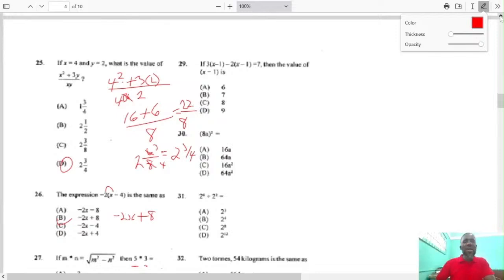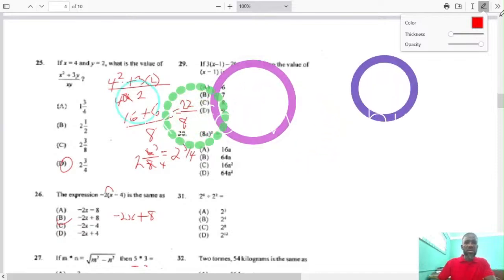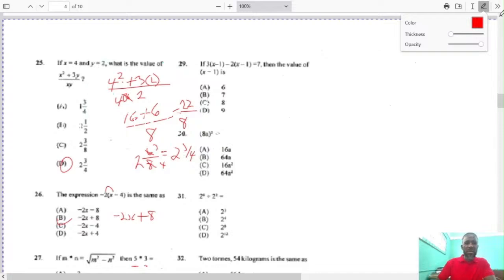All right, if 3 open bracket x minus 1 close bracket minus 2 open bracket x minus 1 close bracket is equal to 7, then the value of x minus 1 is equal to, okay, wow. Basically there are 2 ways we could do this. We could expand the bracket, but they want to know what the value of all of x minus 1 is.